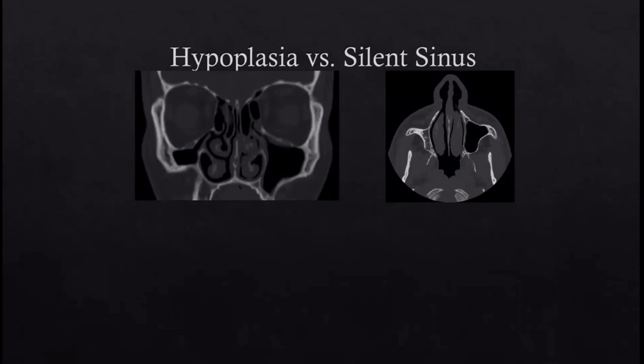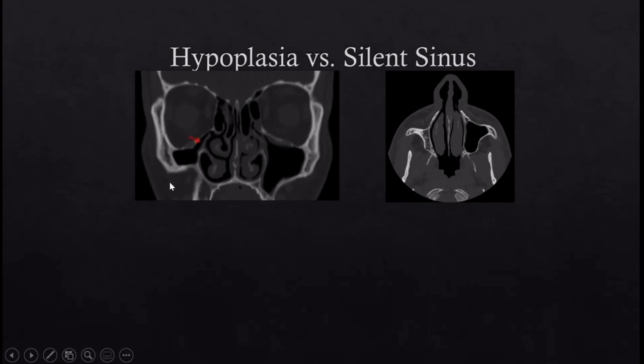Now, it's also important to know the difference between a small normal sinus and a small abnormal sinus. So in this case here, we've got a coronal and axial CT image, and the left maxillary sinus looks quite normal, as you can see here and here, but the right side is small.